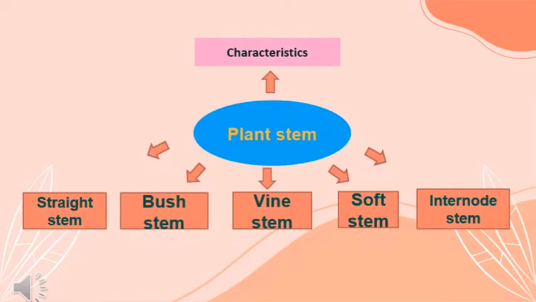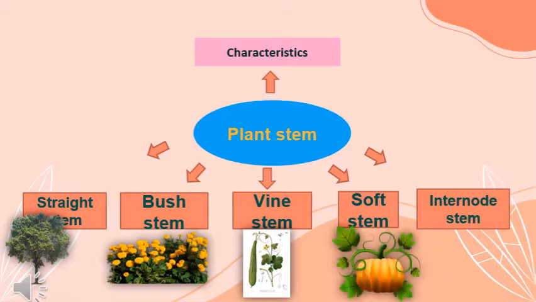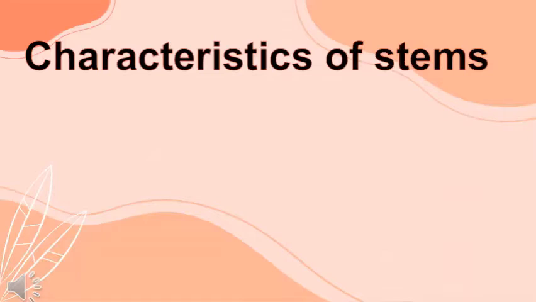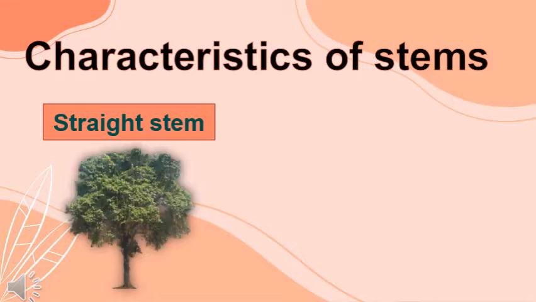Characteristics of plant stem. We have straight stem, bush stem, vine stem, soft stem, and internode stem. Straight stem. One of the examples of a straight stem is a tree.